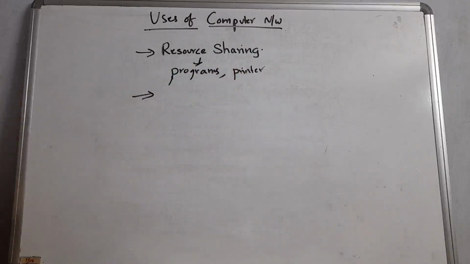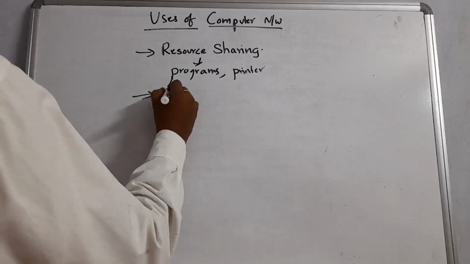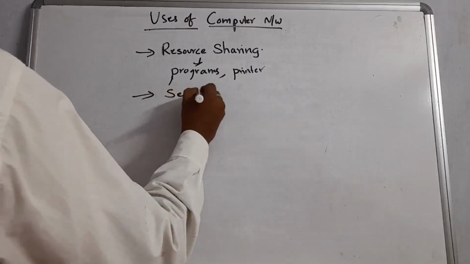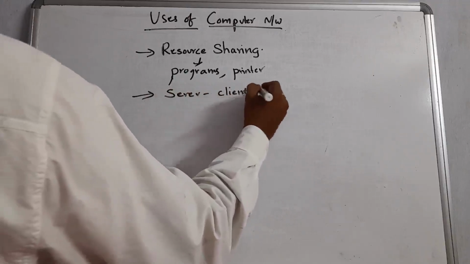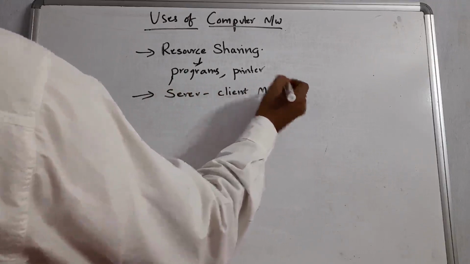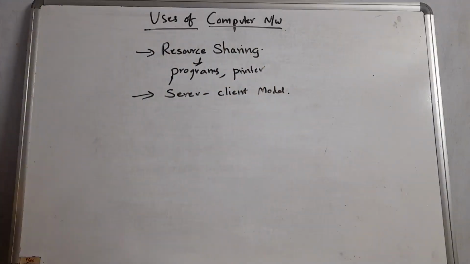Second very important use is the server and client model. See, computer networking behaves as a communication medium among the users. For example, a computer network is used in the client server model. What do you mean by a server and what do you mean by a client?